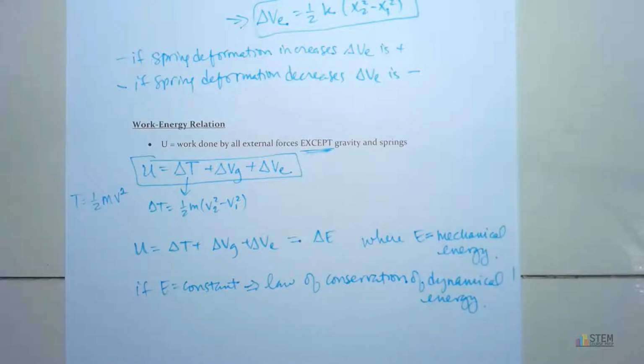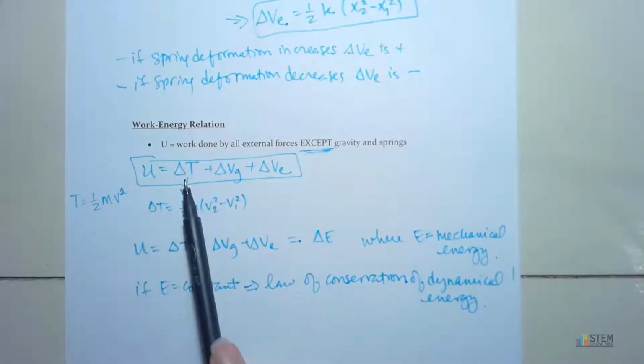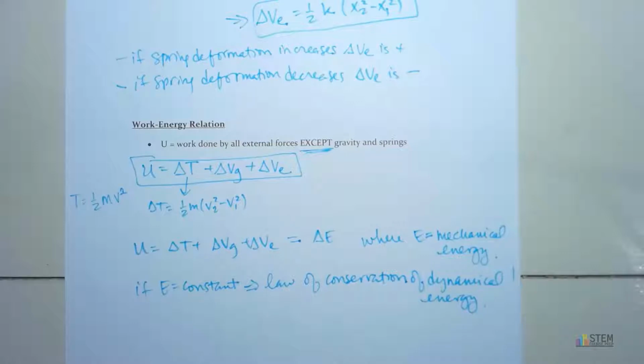So that's it for that. The main thing you need to know is this right here. Just know we've got work, and it's going to equal these 3 terms right here.